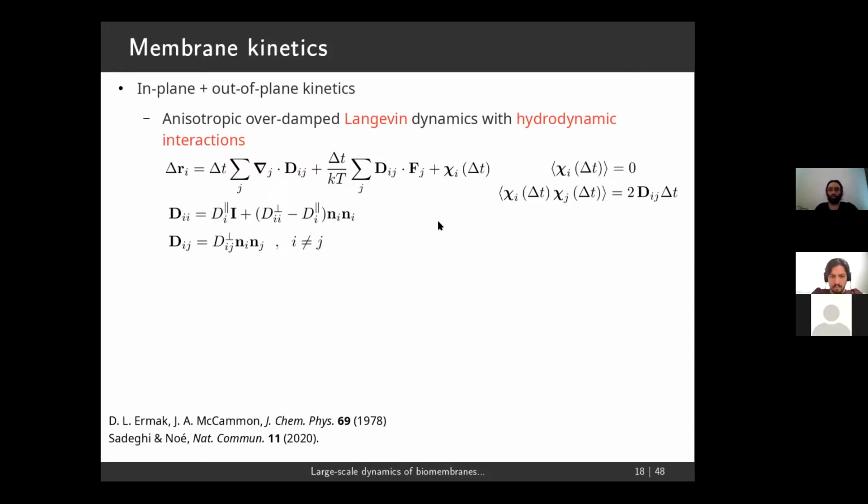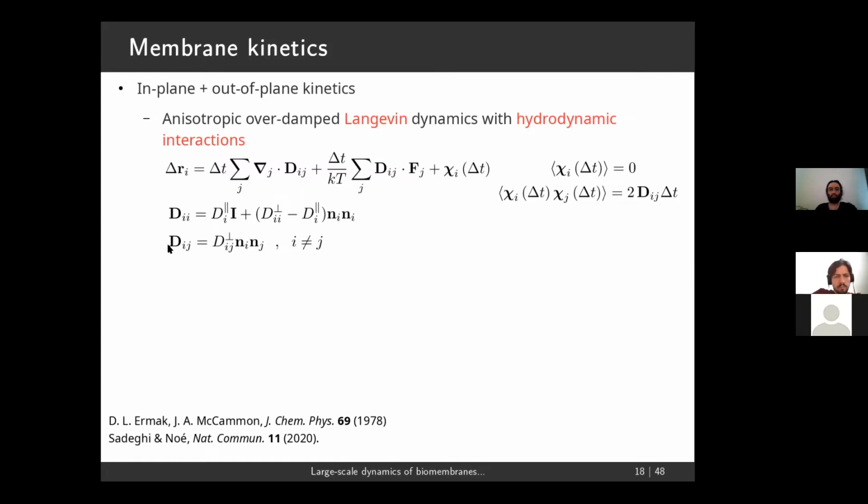And so I basically proposed a general form for these diffusion tensors in this shape. You can consider the diffusion coefficient prescribed for each particle, and this pairwise diffusion tensor which describes the hydrodynamics. For each particle, we have the in-plane contributions and the out-of-plane, the parallel and the perpendicular components here.